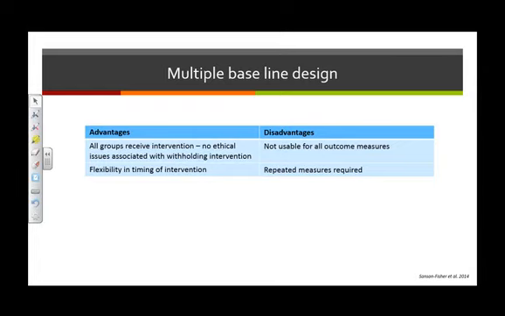Just on that though, would you be able to measure the impact of the contamination using that multiple baseline design? Because you can say, okay, well, we've come in at this point and we've basically got that new site on board.